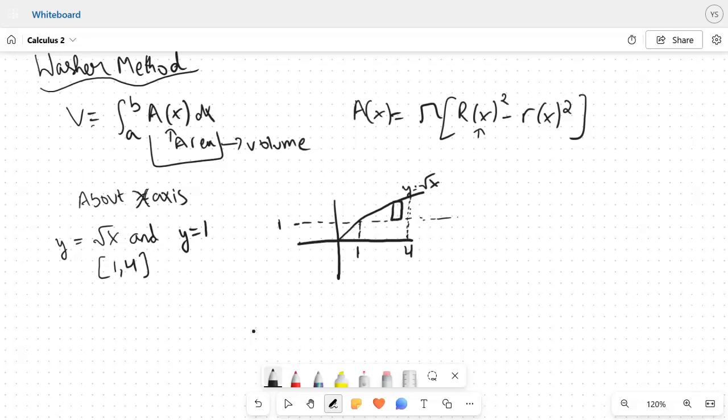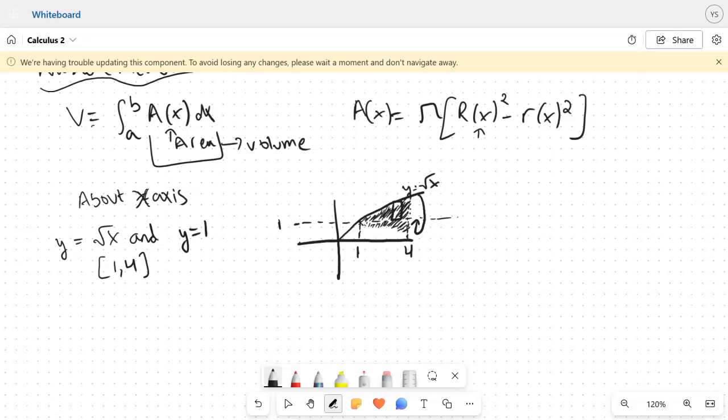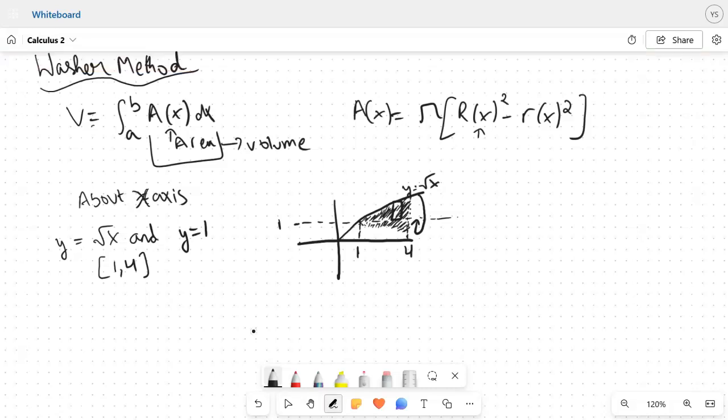It's going to be this region over here. We're going to create small slices of it, and then this is what we're going to rotate around this line. So it's going to rotate like that. To visualize this, it's going to look like a cone.